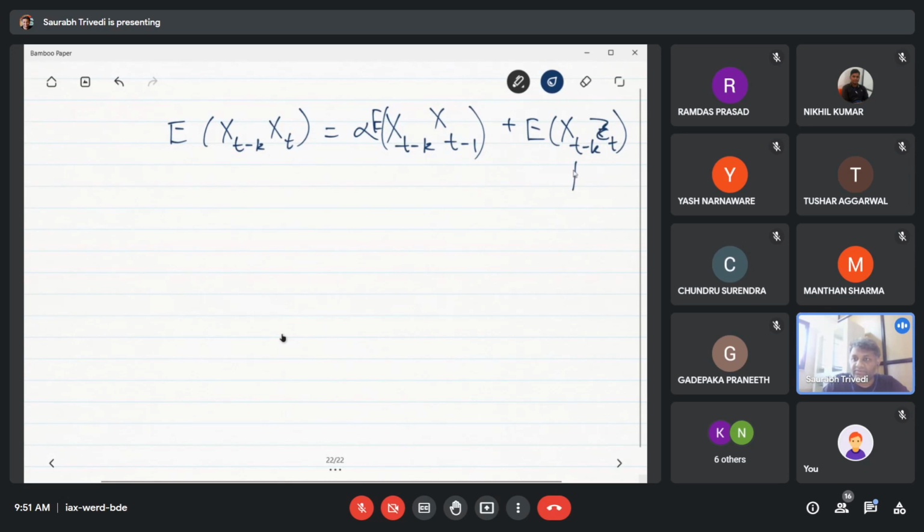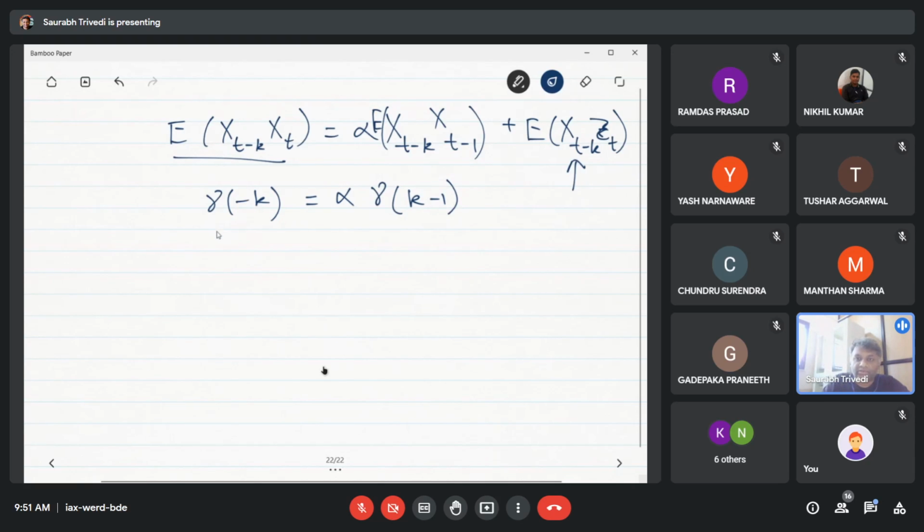Right, and this last term will be 0 because zt has expectation 0, and the left side is gamma of minus k. And this will be alpha times gamma of k minus 1.